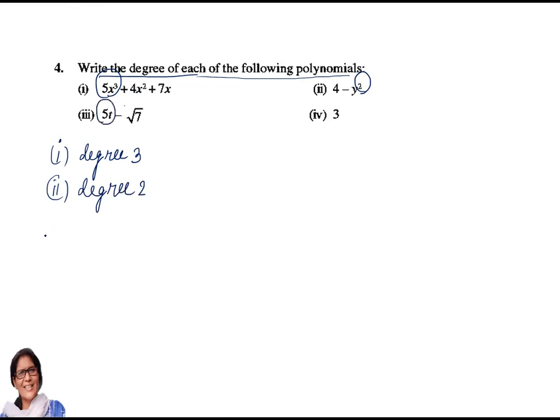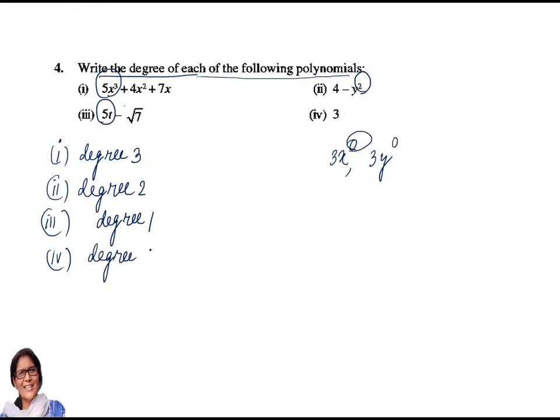Third one, degree 1. Fourth one, is there any x, y, z? No. That means hidden. Maybe it may be 3x to the power 0, maybe 3y to the power 0, but degree is 0. So when there is a constant term, it is degree 0.